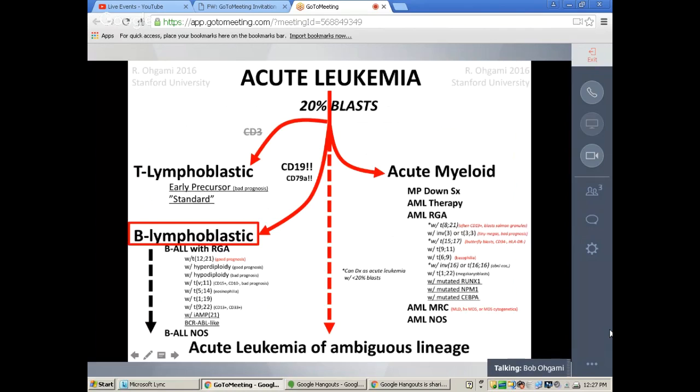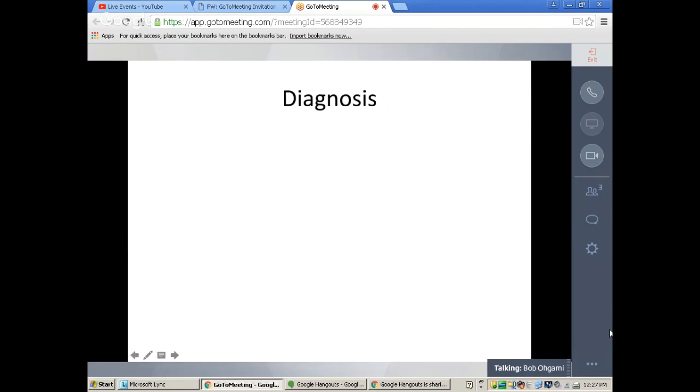Then you continue to go downward in your roadmap towards the bottom of the page, and you ask yourself the first question: is this a B lymphoblastic leukemia with recurrent genetic abnormalities? Is there a certain cytogenetic or genetic abnormality that you see? And yes, there is. There was the 9;22 translocation, the BCR-ABL.